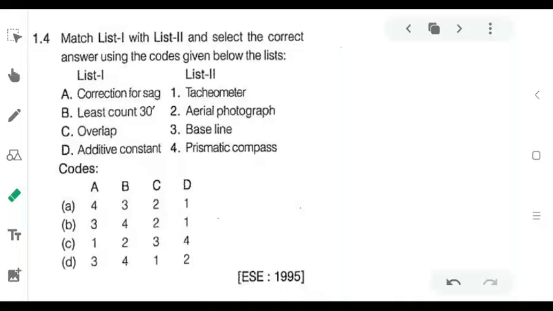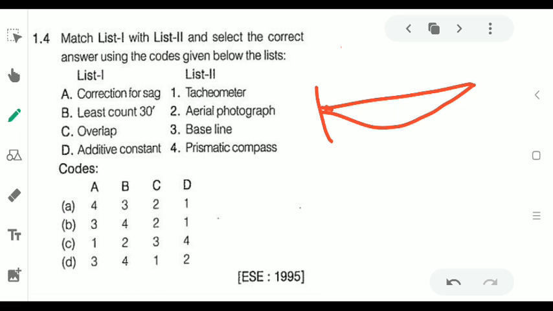Question number 1.4. Match list 1 with list 2 and select the correct answer using the codes given below the list. So the first value given in list 1 is correction for sag. So when any chain or tape is suspended between 2 points, then it assumes the shape of catenary.